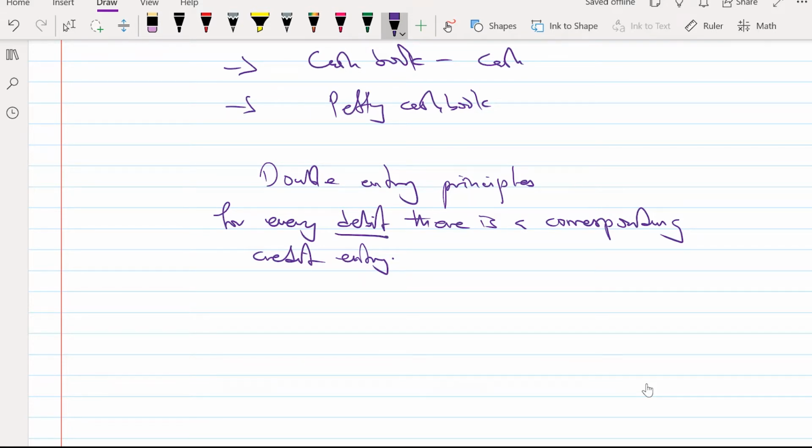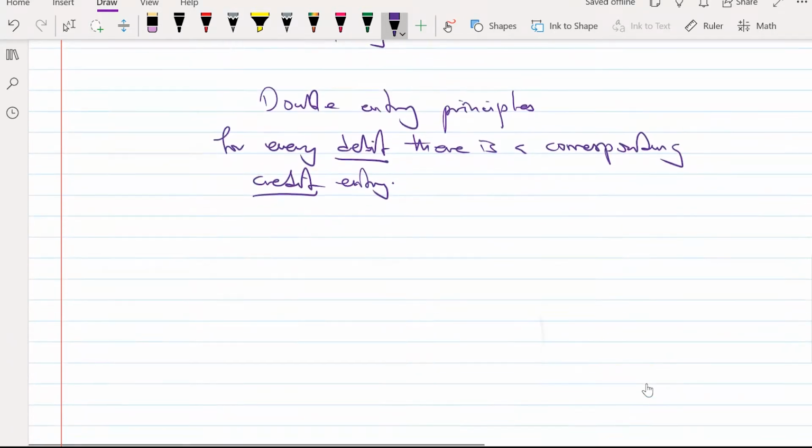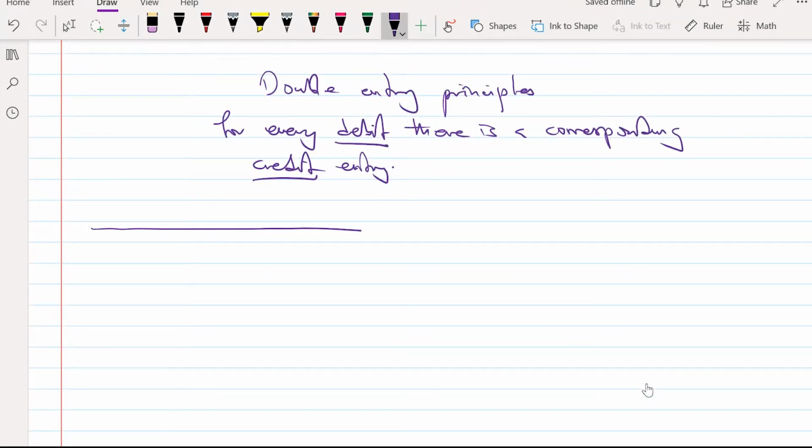Now, this is where the challenge is. A lot of people don't really understand what we mean by double entry principle. So let me just show you something here. Here is a T account, and the T account has the debit side and the credit side. Now, for the T account, if you're going to debit something in this account, then the corresponding entry must be crediting another account.